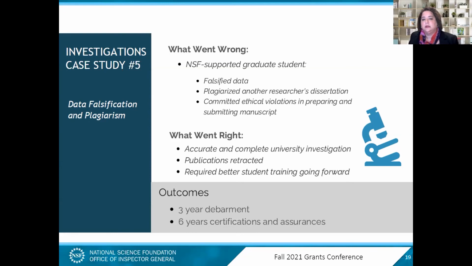The student felt that they deserved publication after working on the compounds for the advisor, and so the university conducted a research misconduct investigation and determined that the student had committed falsification and plagiarism. They dismissed the student, and the publications were retracted. And the university going forward will require better training of grad students.